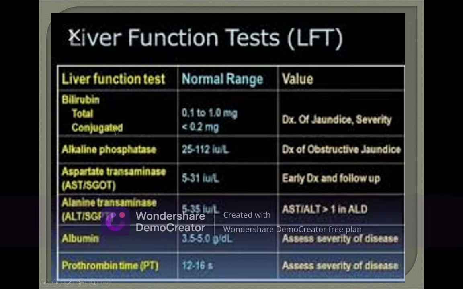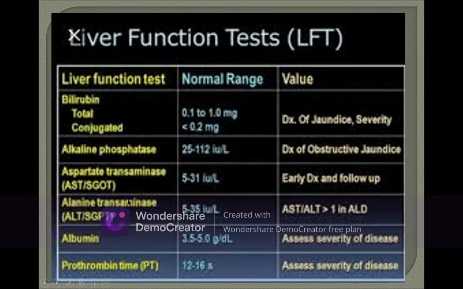If the conjugated and the unconjugated are both increased very similarly, parallelly, and the AST and ALT are disturbed to higher levels, 200, 300, 400, that is the typical nature of acute hepatitis, that is, destruction of the liver occurs, and it is hepatocellular or hepatic jaundice.